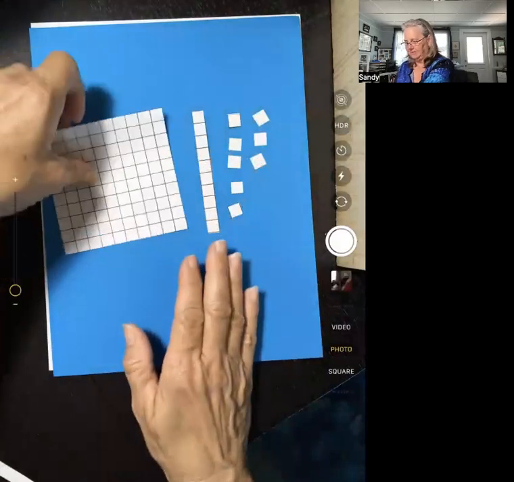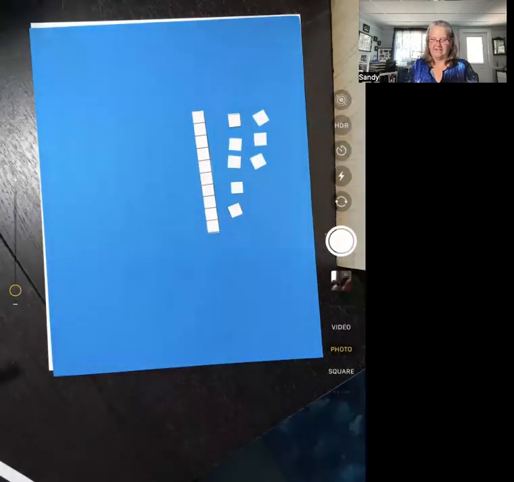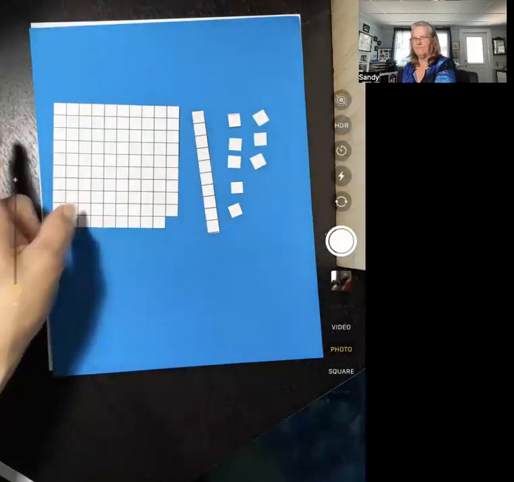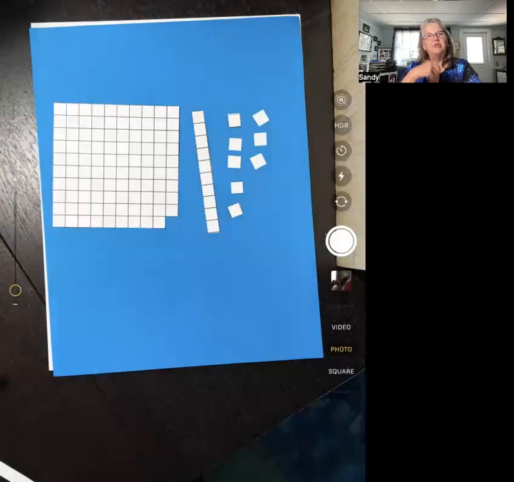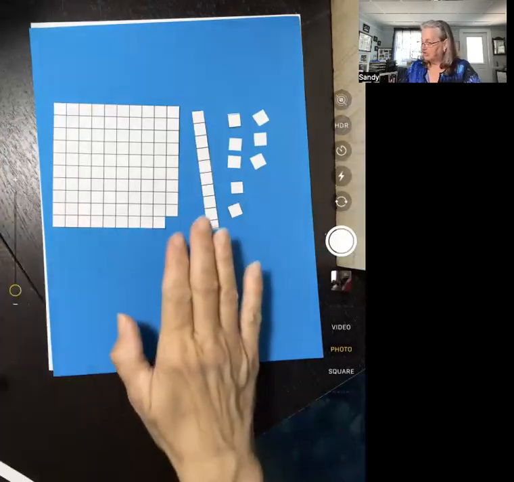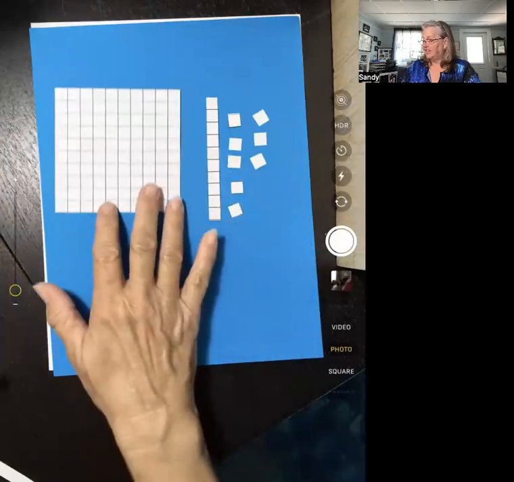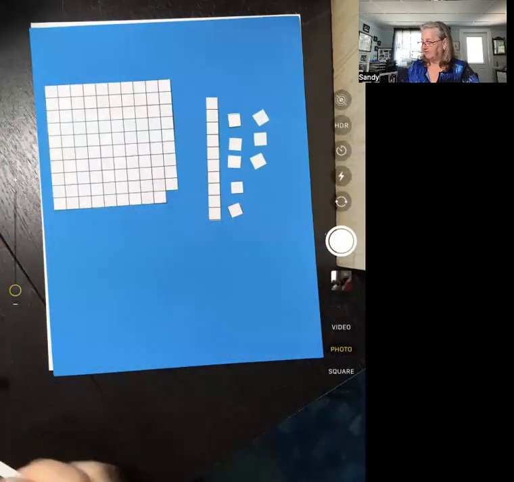Now, right here, I have 118, right? I could be counting 100 plus 18. But see, if I want them to understand 99 plus 18 or 98 plus 18, I can just cut a hole. See, it's bridging to 100. But as we're doing this, we're still using an associative property.